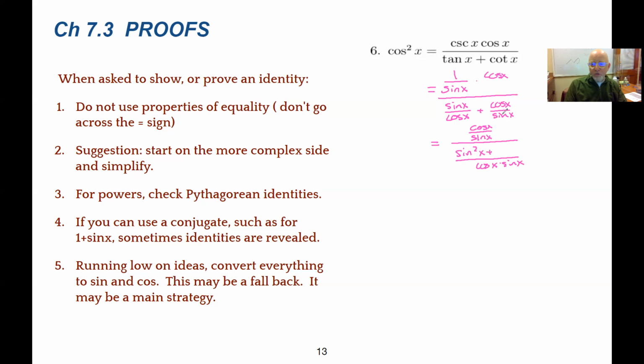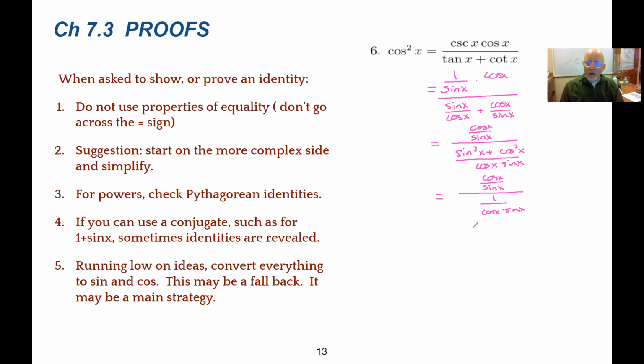And the second fraction would need a cosine x, so that would generate cosine squared x in the numerator. Oh, I like that. So there's my Pythagorean identity of 1. So sine squared x plus cosine squared x is equal to 1. So now we have cosine x divided by sine x in the numerator, and we have 1 over cosine x sine x in the denominator.